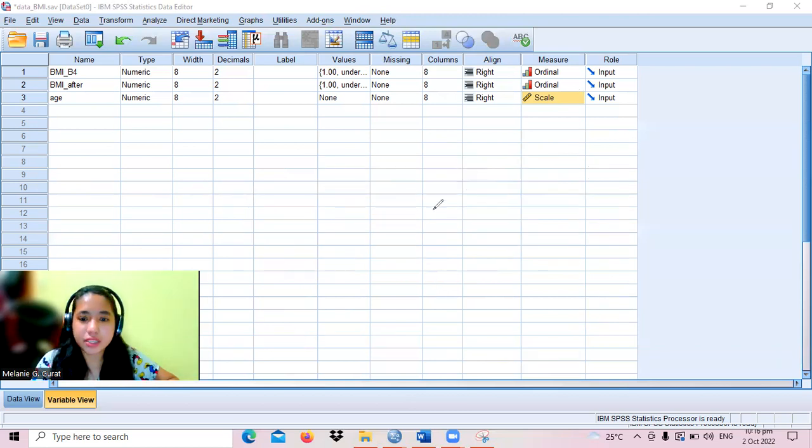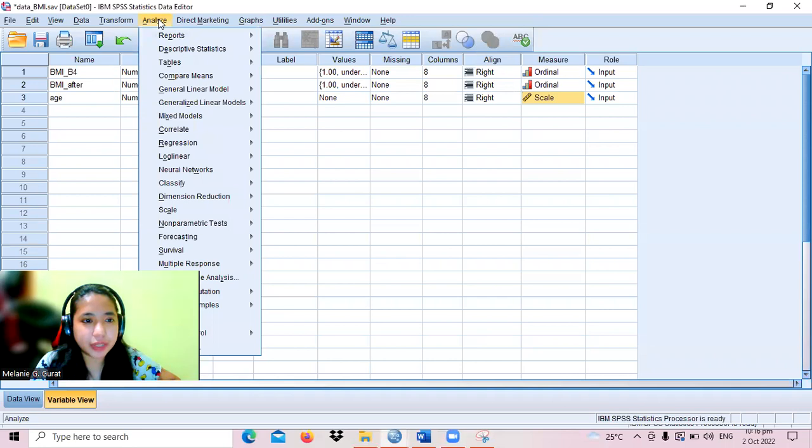Okay, so let us now answer our problem. Is there a significant correlation between our initial BMI and the age? What will we do? Click Analyze, Correlate, Bivariate.